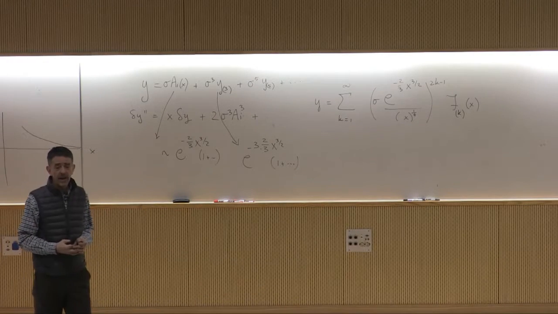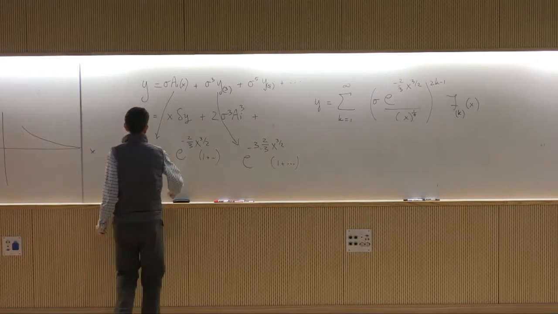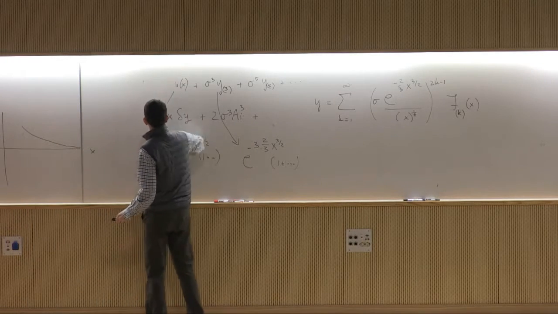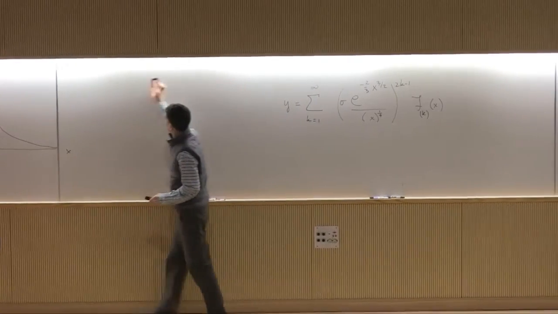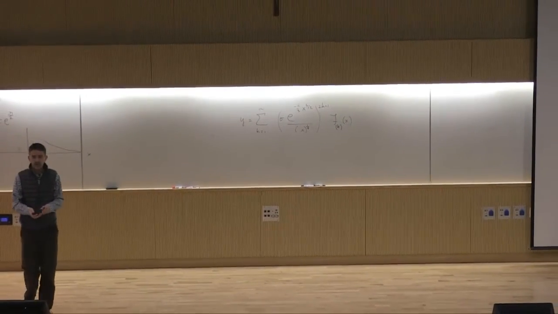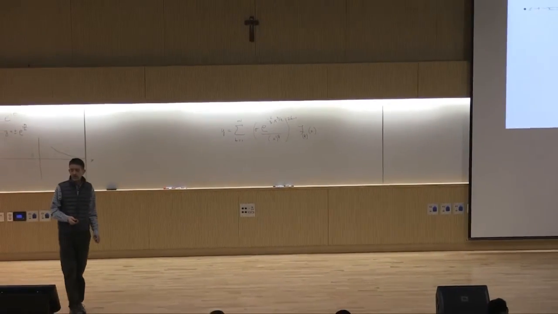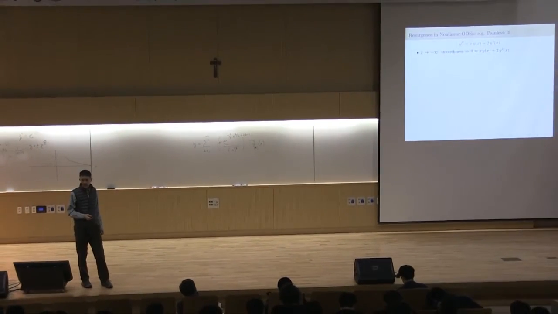Okay, now let's look at the other side. Let's look at x goes to minus infinity. As x goes to minus infinity, now we can choose our boundary conditions, and suppose we choose to have a smooth solution. So a smooth solution is one where the derivatives are small.